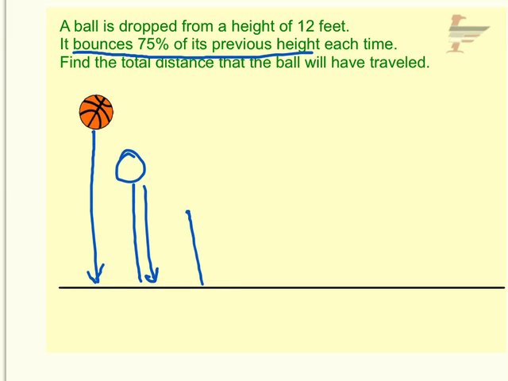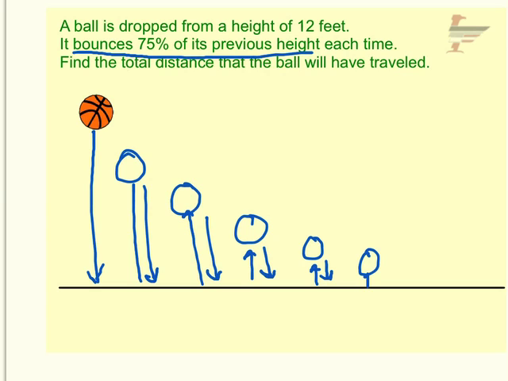And then when it comes back up, about 75%. And so this is because mathematically this ball would bounce forever. We know that gravity plays a hand, but because it's always 75% of the previous height, that makes it an infinite geometric series, because you can always go 75% of the term before you.